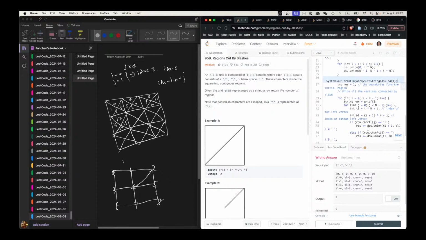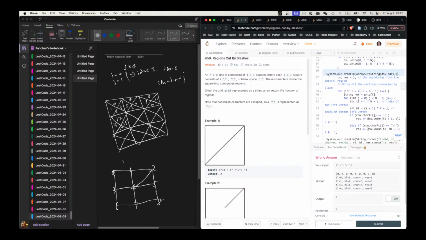And then it is nothing, right? Rest is 1. And then we come here as a left slash. This shall be 1. Because TL plus 1 is a 2.